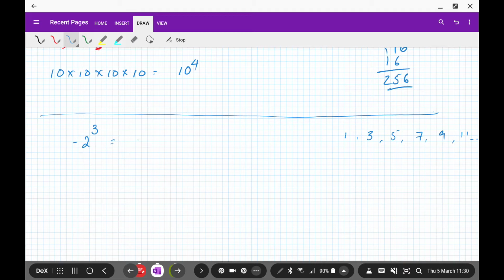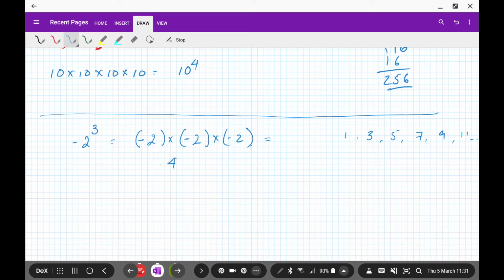So what this means is -2 times -2 times -2, 3 times, is that right? Let's see what the answer comes to. Minus and minus, remember that lesson about minus and minus? Minus and minus becomes what? Plus. So this becomes plus, 2 times 2 is 4.